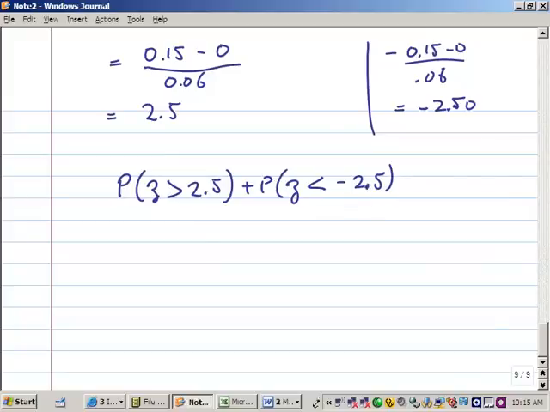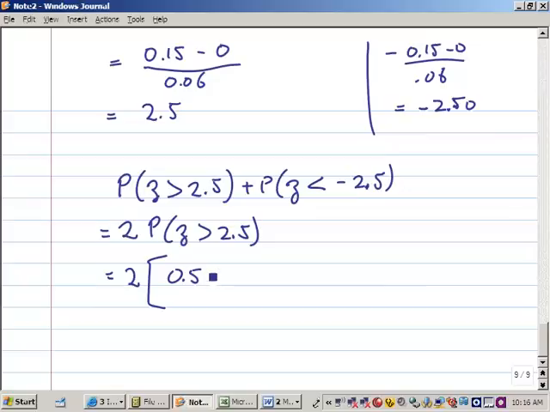These two are both the same, so all we have to do is 2 times the probability of getting a z in the upper tail, 2.50, and that to get in the tail again, just like all the previous problems, is a half minus the value from the table from 0 to 2.5.